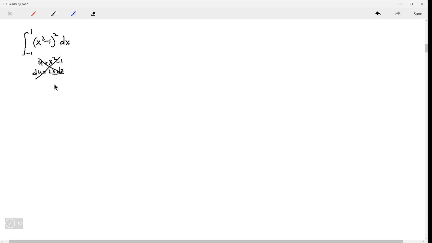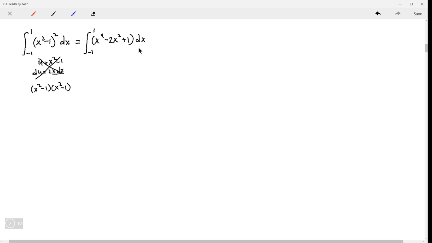Now, if I can't do a u substitution, I have no other choice than to multiply it out, because all I have is the power rule. So from -1 to 1, if I square this, I would have to do x squared minus 1 times x squared minus 1. When I do that, I'm going to get x to the 4th minus 2x squared plus 1 dx.